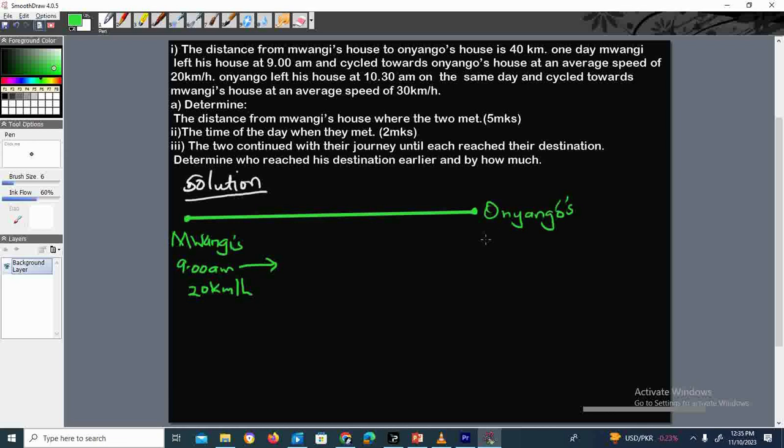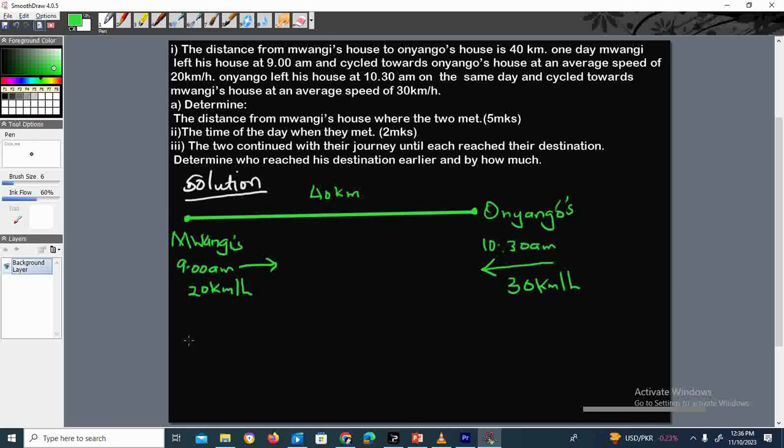Whereas Onyango left his home at 10:30 a.m. and cycled towards Mwangi's house at an average speed of 30 kilometers per hour. The distance between their homesteads is 40 kilometers.